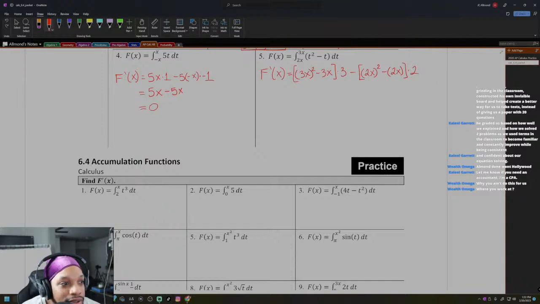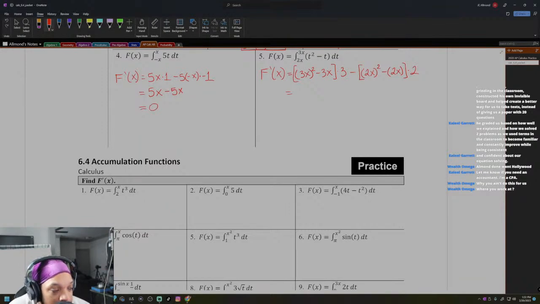Okay. First of all, let's make sure we're good here. I replaced t with 3x in the first term, and then multiply by the derivative of 3x, which is 3, minus, and then I replaced t with 2x multiplied by 2. Is that what you did?